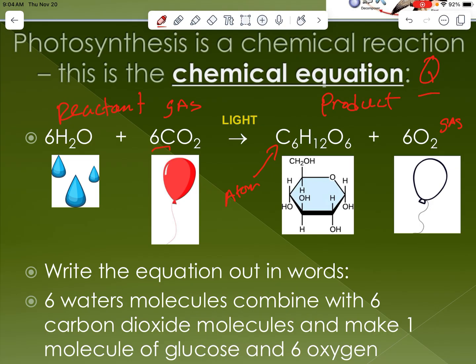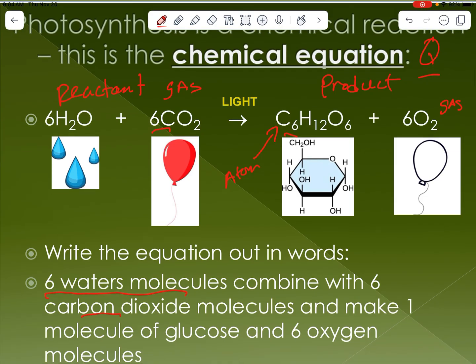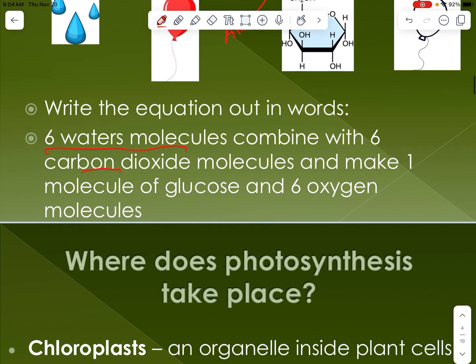So there's 6 carbons here, 6 carbons here, and you can count on each side and see there's an exact amount of each of those atoms. That's a question I could ask you. If you look here, there's 6 water molecules with 6 carbon dioxides. I know you guys haven't had chemistry yet, but I could ask you a couple of questions about that.